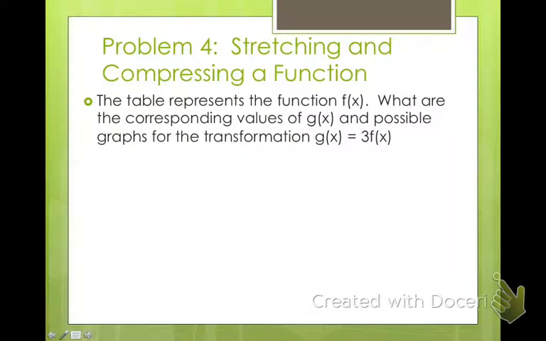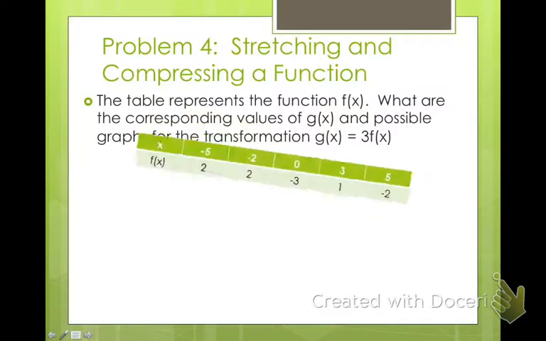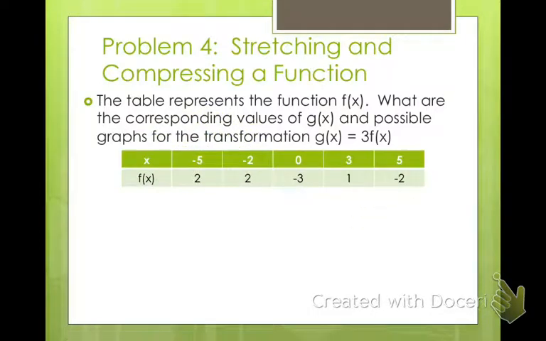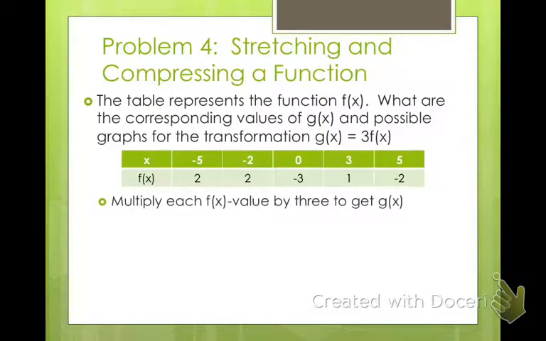So stretching and compressing, basically it's just multiplying by some constant to begin with. So if I give you these values, so I have x are my inputs, f of x are my outputs, so my y's. So if we wanted to find g of x is 3 f of x, all we would do is we would take all of our f of x values, all of these values on the bottom, and multiply them by 3 in order to get g of x.